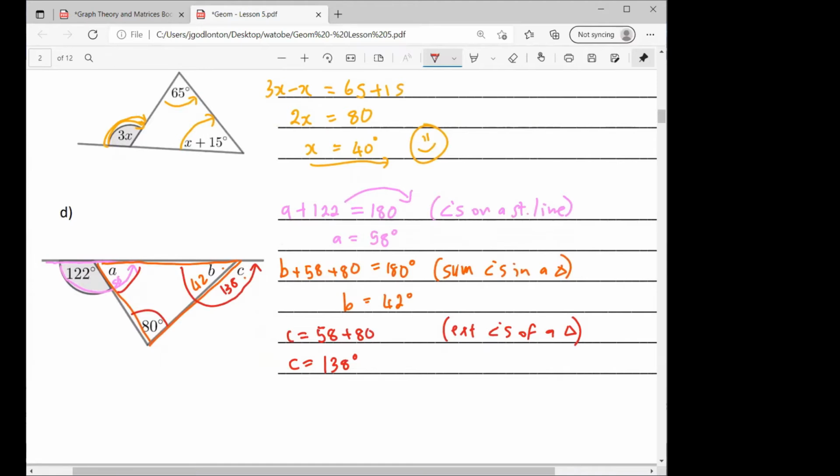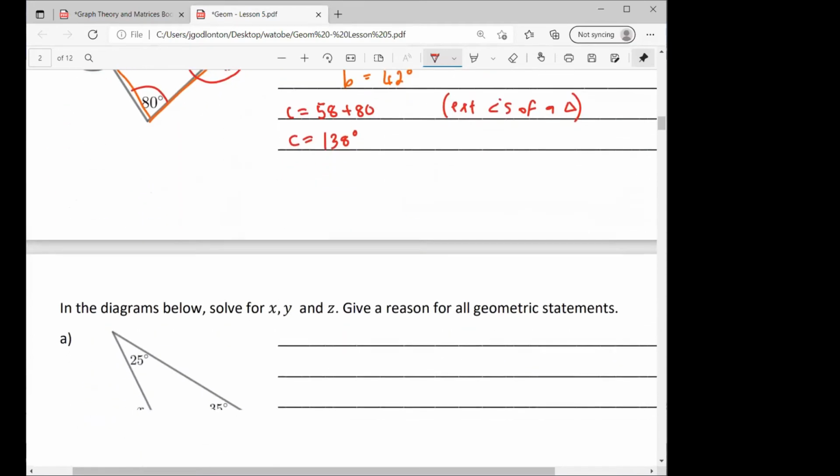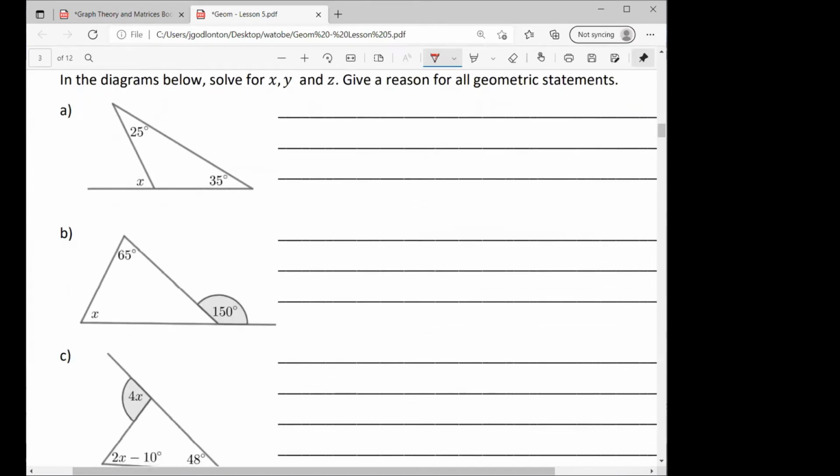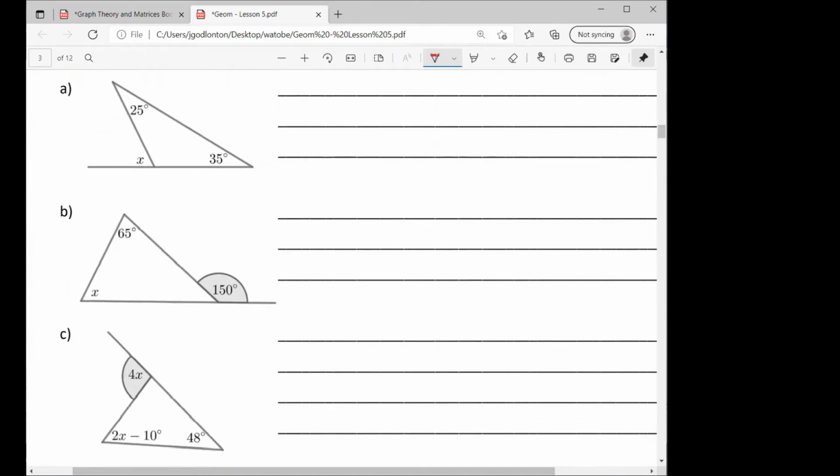Okay, I'm going to move down. So the first two are nice and easy, and then the third one gets a little bit nastier. So if you're really feeling good with these, I'd like you to try all three of those.